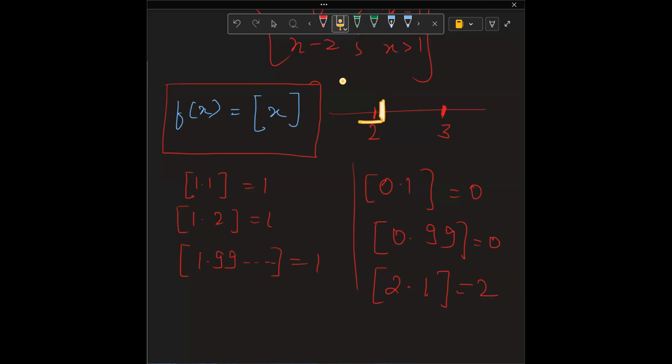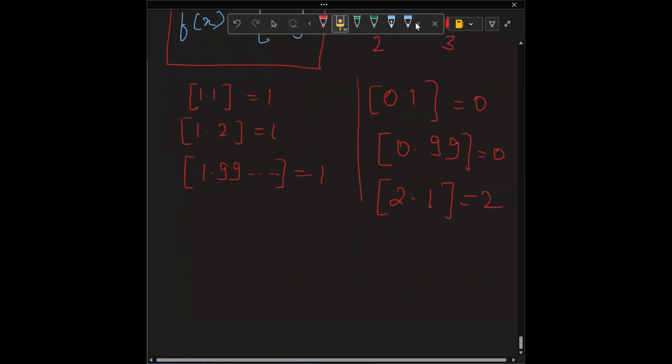This is your greatest integer till here. And if I write this 2.5, so यहाँ तक आपका ग्रेटेस्ट इंटीजर क्या होगा? This 2. Yes. If I write this 3.5, then यहाँ तक आपका ग्रेटेस्ट इंटीजर क्या होगा? बताओ। Sir, the third one. 3 है ना? Yeah. So this is greatest integer function.